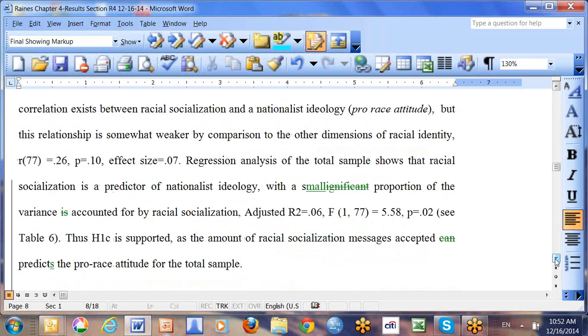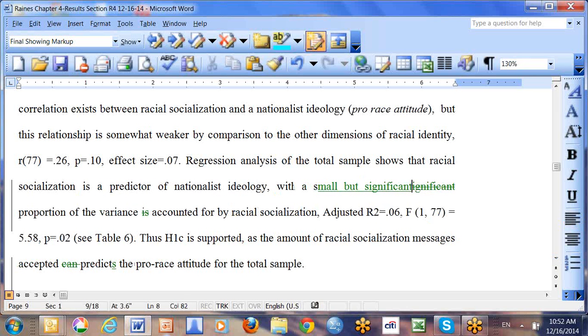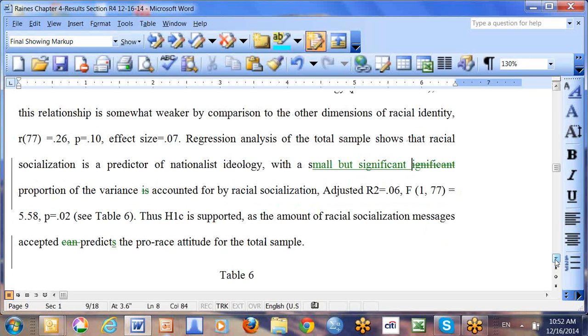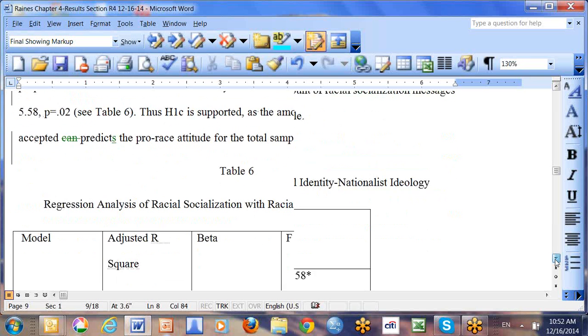You say here that a significant proportion of the variance is accounted for by racial socialization, and that makes it sound like it's a lot. I would say instead a small but significant effect, because it is really small. You're telling us it's statistically significant, but otherwise it gets interpreted as the colloquial meaning of significant, like a lot, and it isn't a lot.